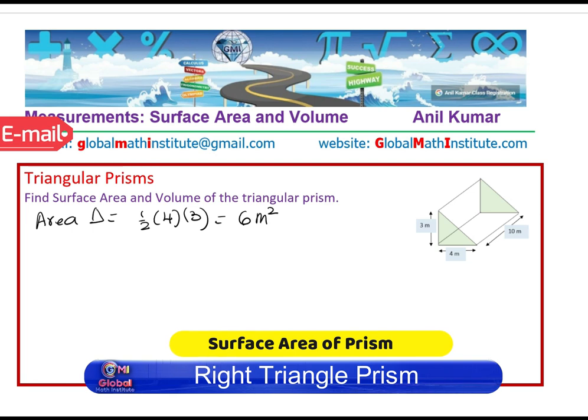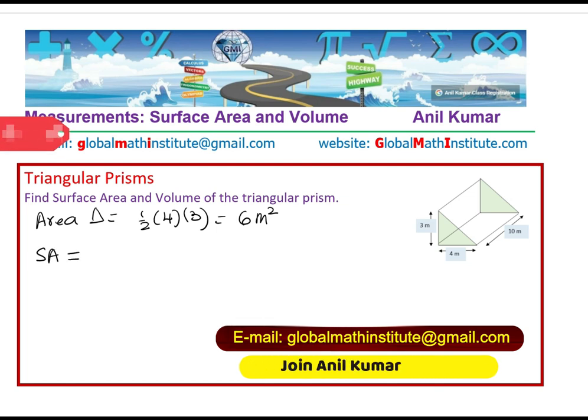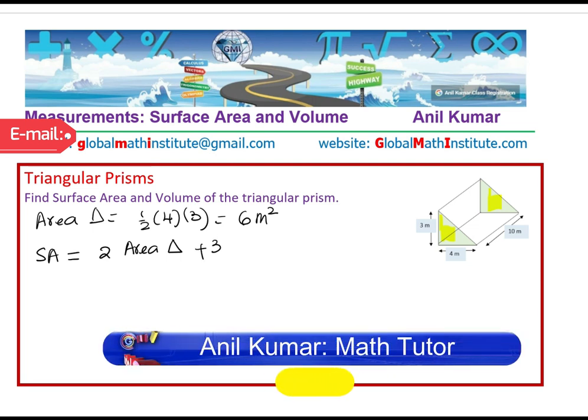Now, surface area means area of each surface should be added together. So we have two triangles here. Surface area, let me write down SA in short, is 2 times area of triangle, since there are two triangles here. These are the two triangles we are looking into. And we have three rectangles, correct? Plus three rectangles.